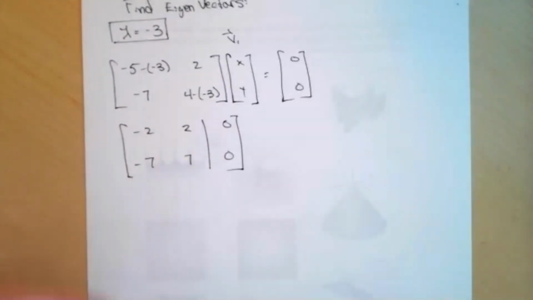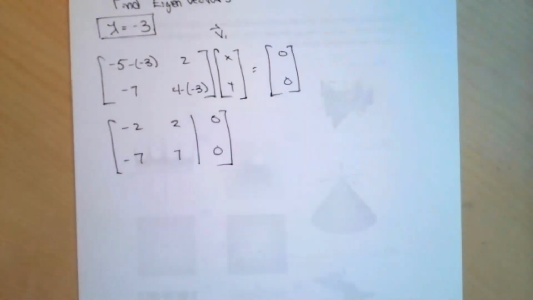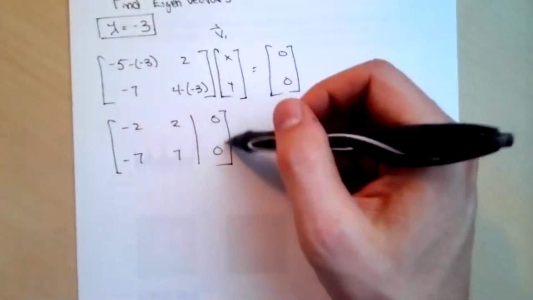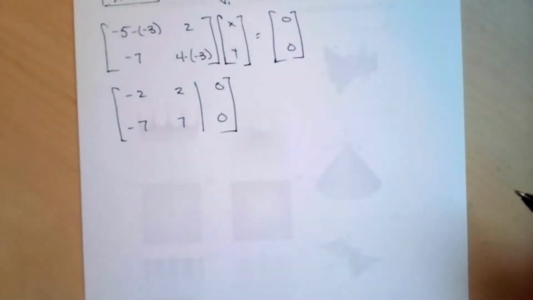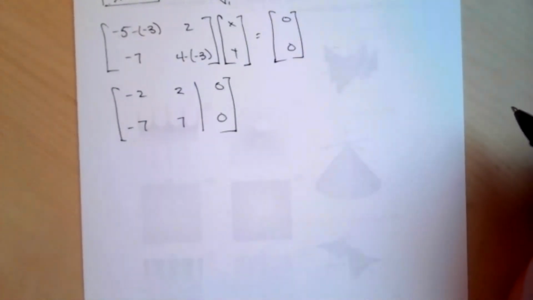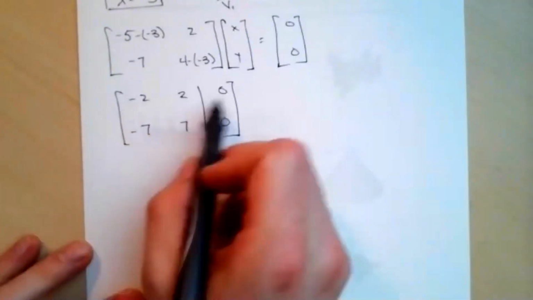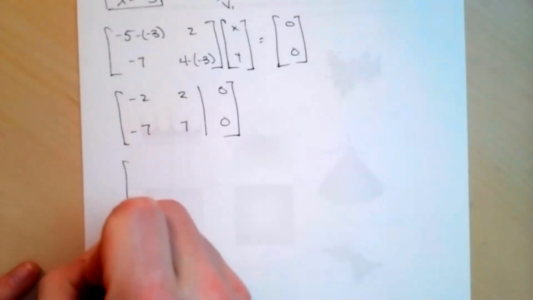So nicely enough, when we have this type of system of linear equations, especially when setting it equal to 0, it's always the homogeneous system of linear equations. So we can almost always ignore that last column, since it's never going to change from 0. And what's going to happen when we solve this?